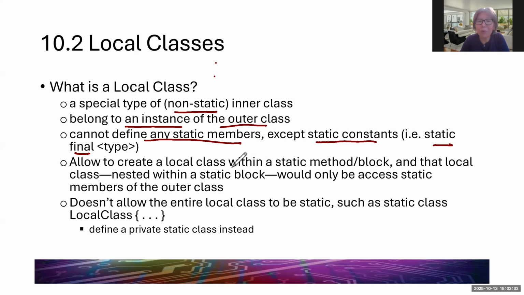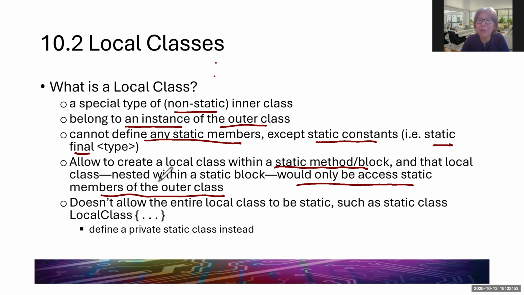It is allowed to create a local class within a static method or block. And then a local class nested within a static block can only access static members of the outer class.